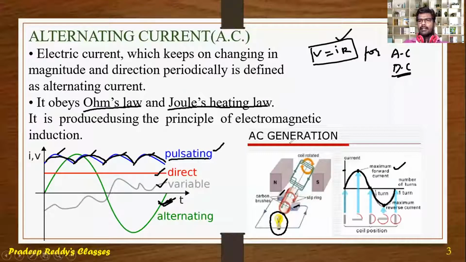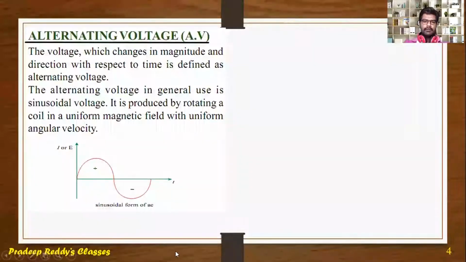This is how alternating current is generated in an AC generator. As the name itself tells you, alternating voltage means the voltage whose magnitude and direction change with respect to time.